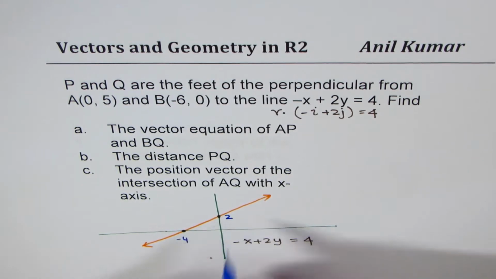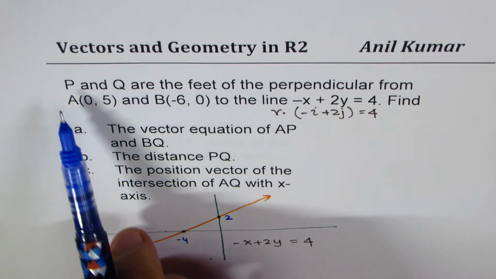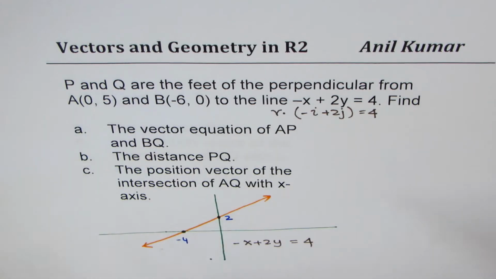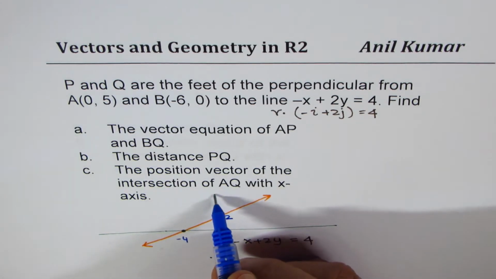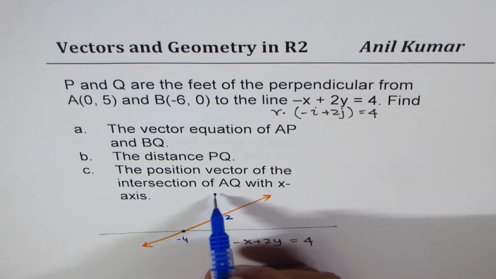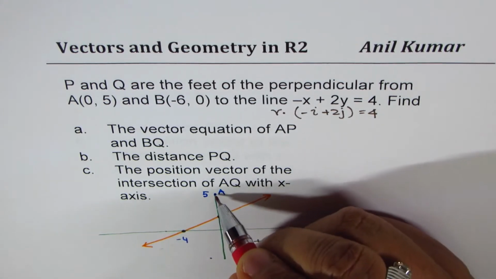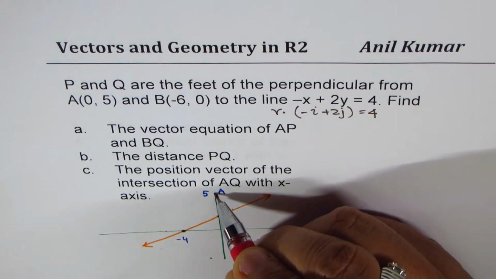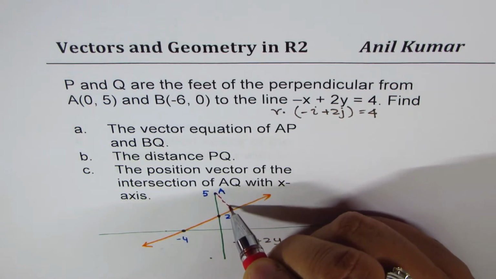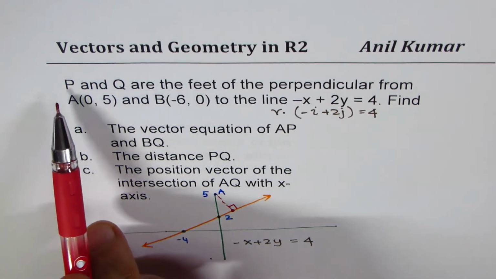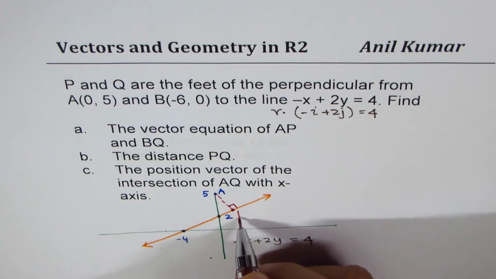P and Q are the feet of perpendicular from A, which is (0, 5). Let's call this point A. When we say feet of perpendicular, we draw a perpendicular from here to the line. If I drop this perpendicular, this point will become P for us.